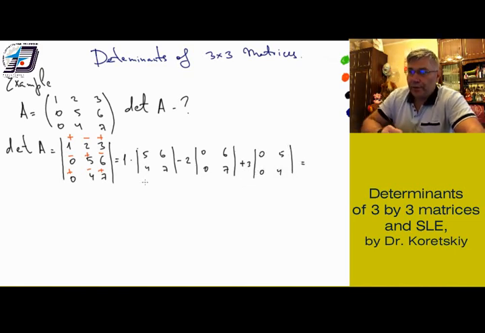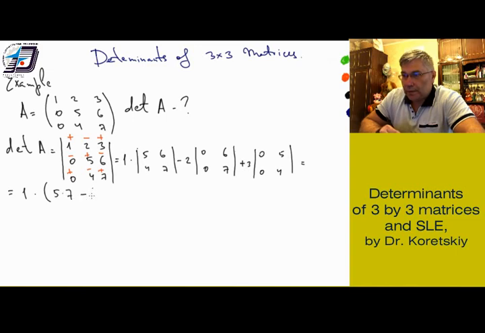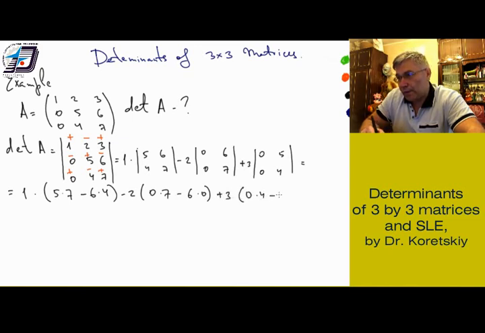And we have 1 times (5 times 7 minus 6 times 4) minus 2 times (0 times 7 minus 6 times 0) plus 3 times (0 times 4 minus 0 times 5).